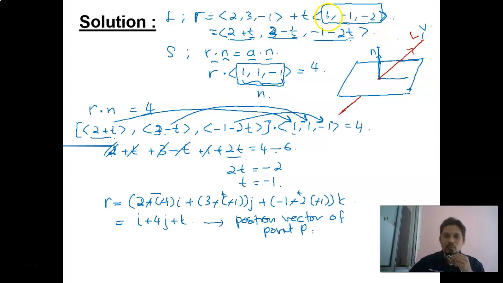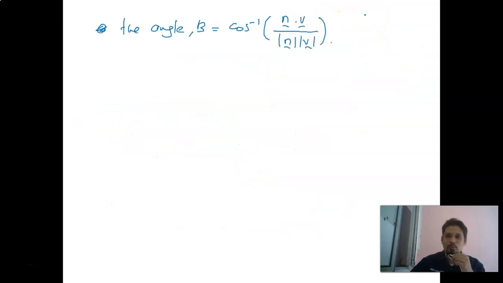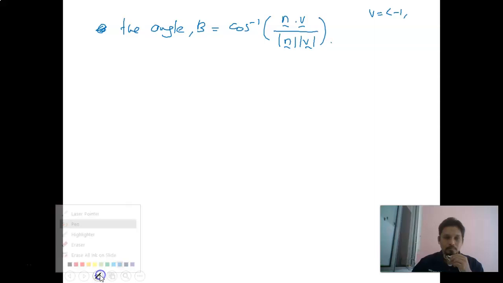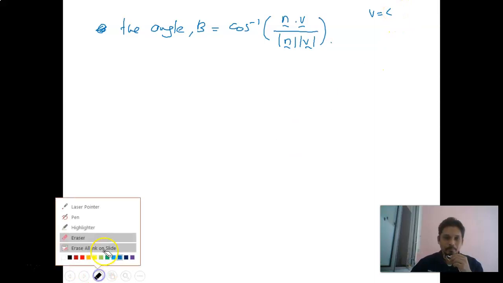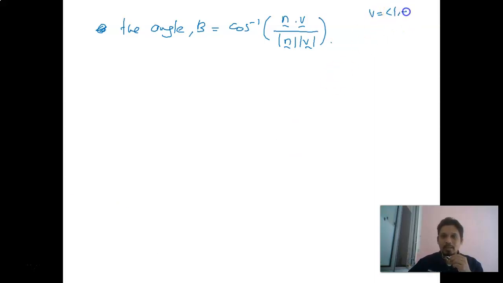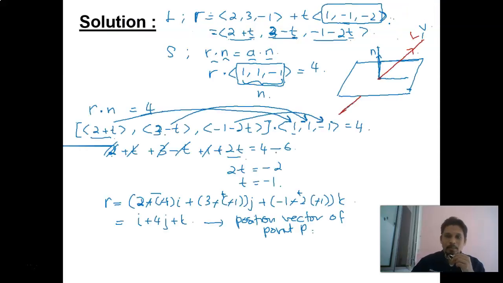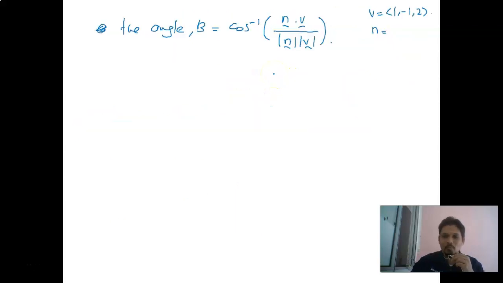V equal to 1, negative 1, negative 2, where V equal to negative 1, 1, negative 1, and 2. Okay, and N equal to here, 1, 1, and negative 1.